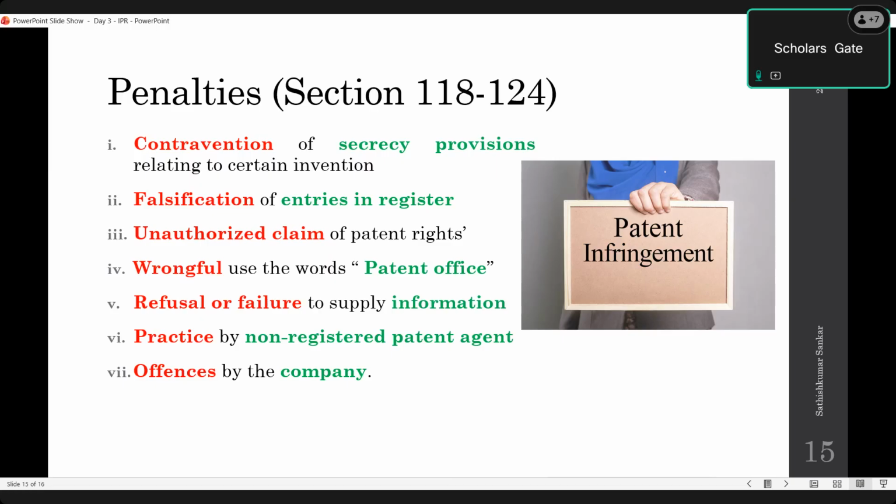Otherwise, he will impose a penalty on the inventor.